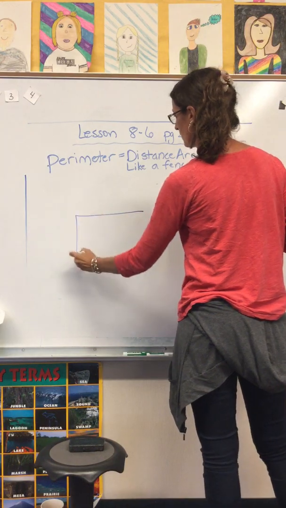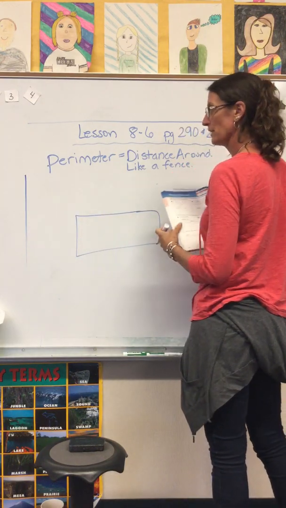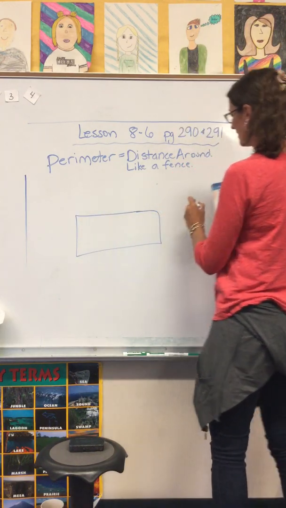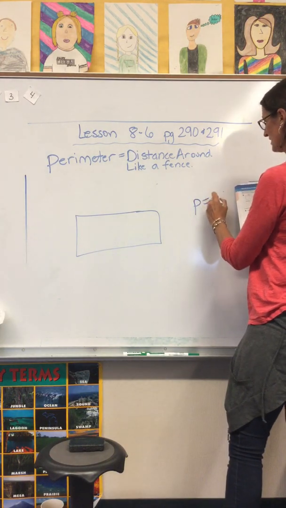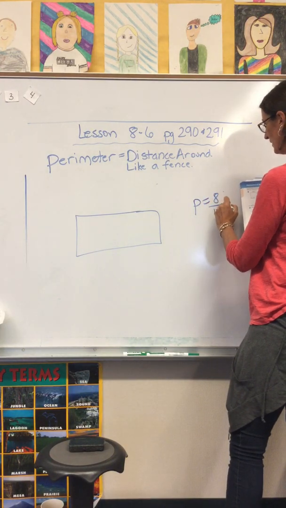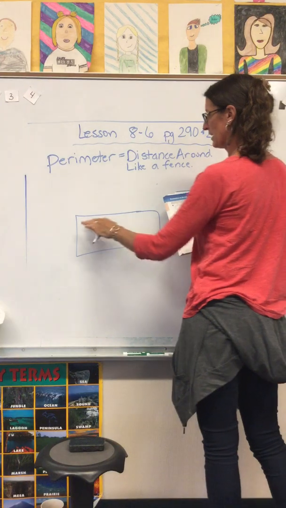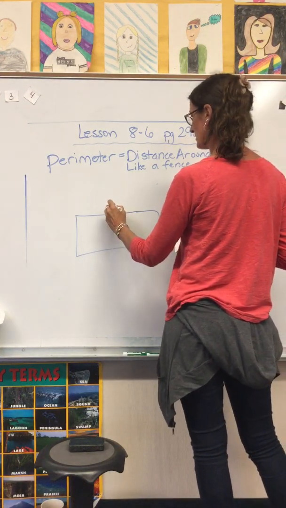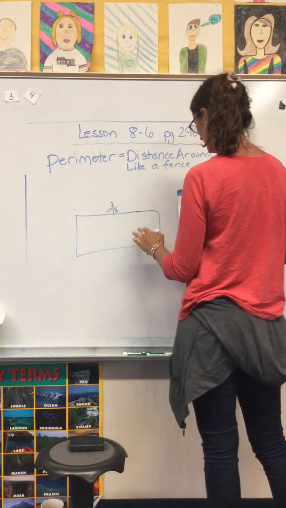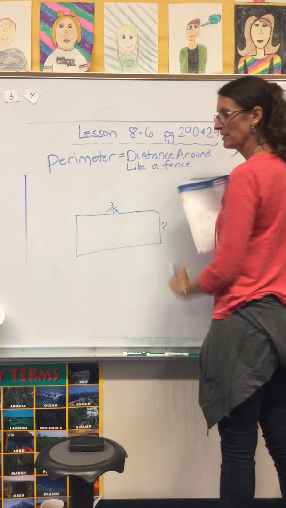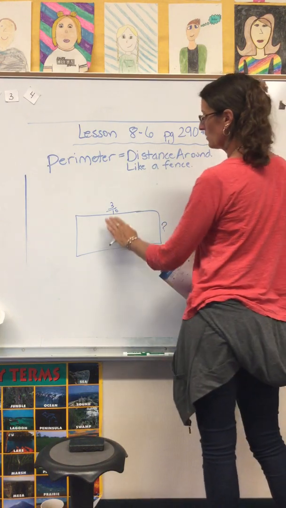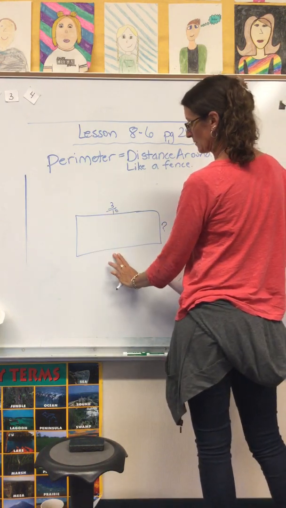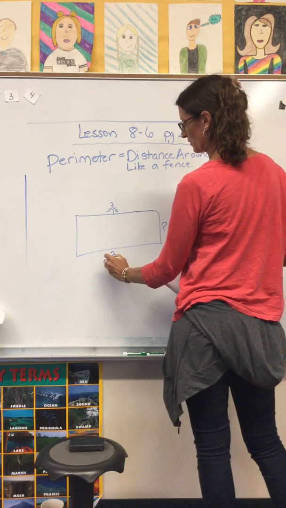And so if I have a rectangle with an unknown side, and I know the perimeter is 8/10 of a meter, and if this length is 3/10, I need to know what that width is, right? Well, I know this is going to be the same as this, right?